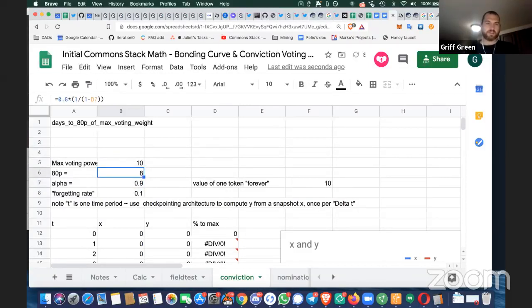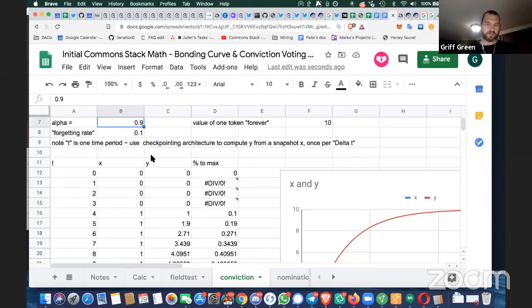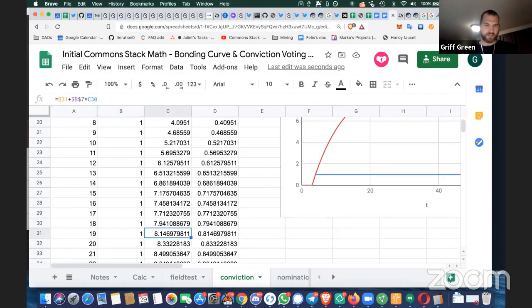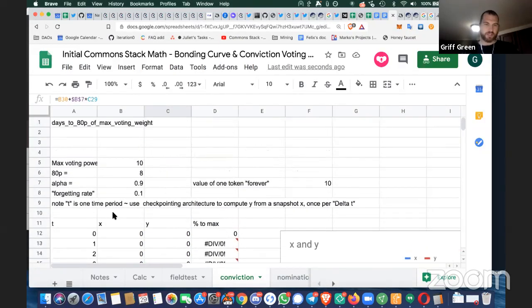So that's how long it takes to get to 0.8? And now we have to do probably some crazy calculation here. So for one token, for 0.9, it takes 18 days.